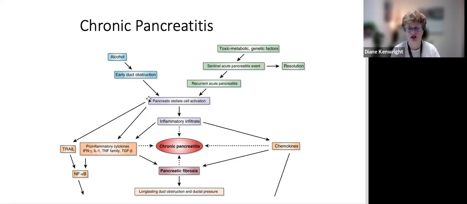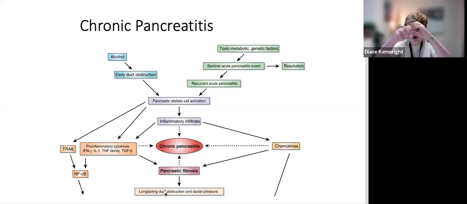Fibroblasts, what do they do? They attract inflammatory cells, particularly through pro-inflammatory cytokines, and then chemokines, and then you end up with chronic pancreatitis characterized by fibrosis and chronic inflammation. And then with the fibrosis, of course, fibrosis contracts around the ducts and you get duct obstruction and increased duct pressure.